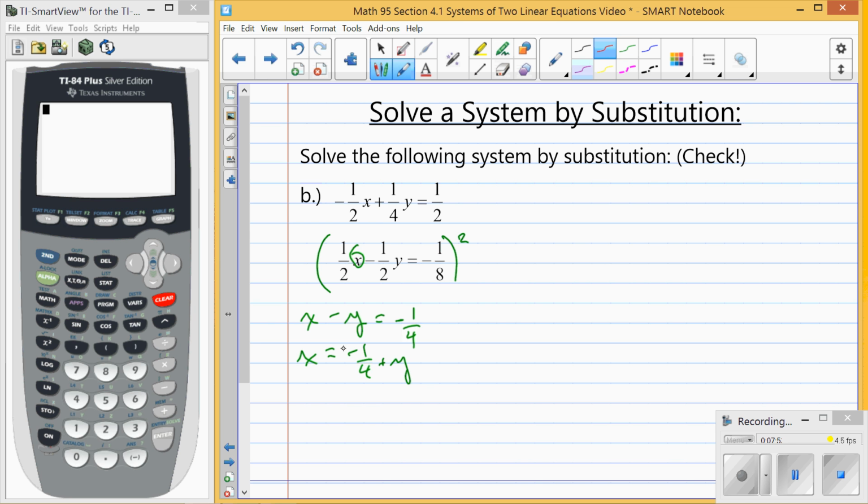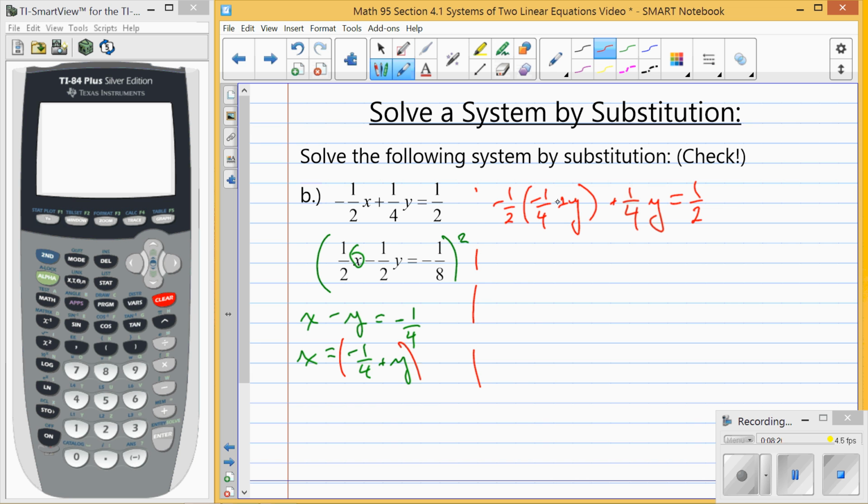So now this chunk is what I'm going to plug into my other equation for the x value. So that is going to give me, I think I'll start up here, negative 1/2 times that x value plus 1/4 y should equal 1/2.